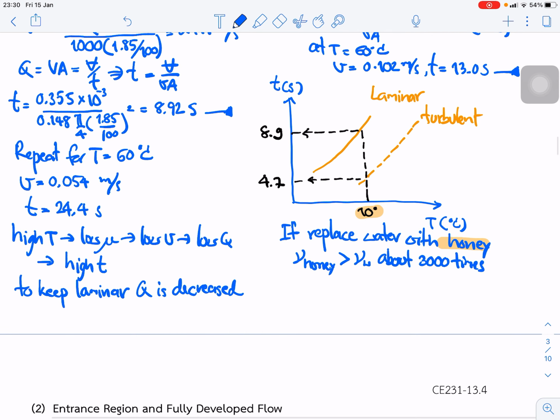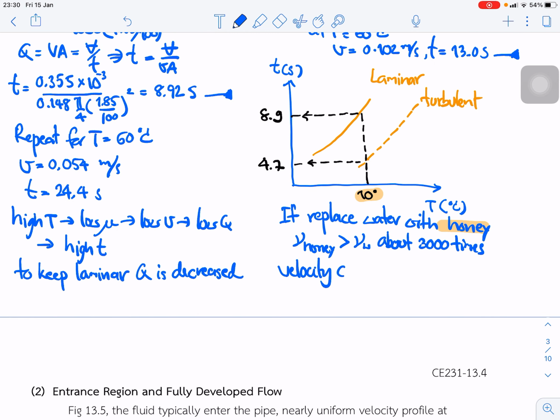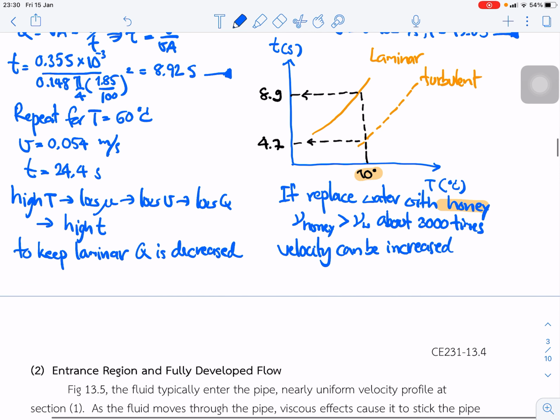So we expect that the velocity can be increased. And once the velocity is increased, the time can be reduced, with this proportion.